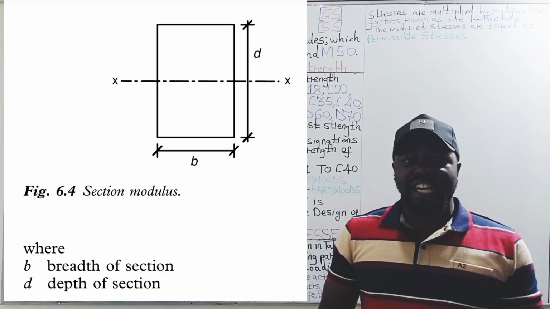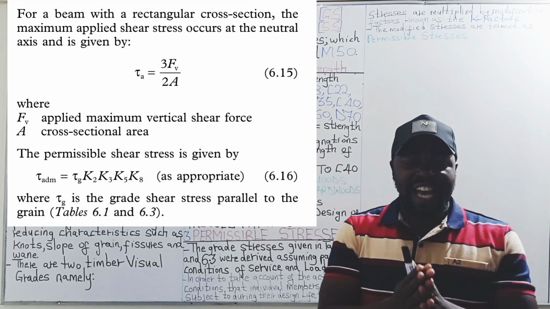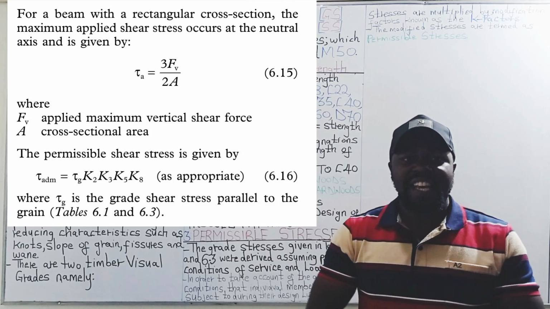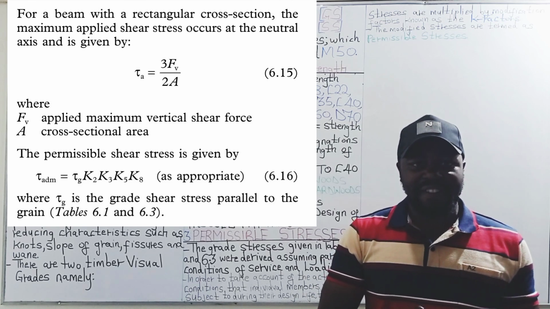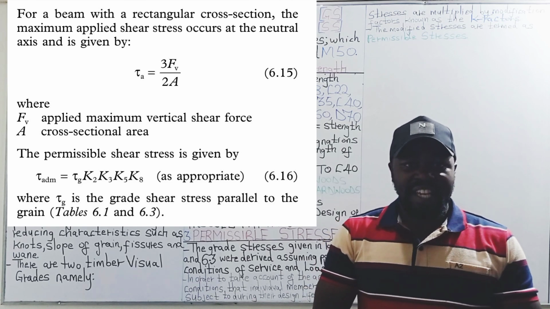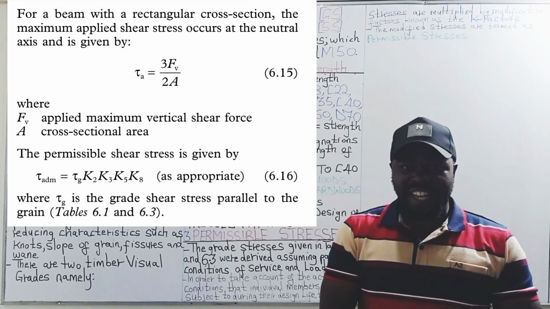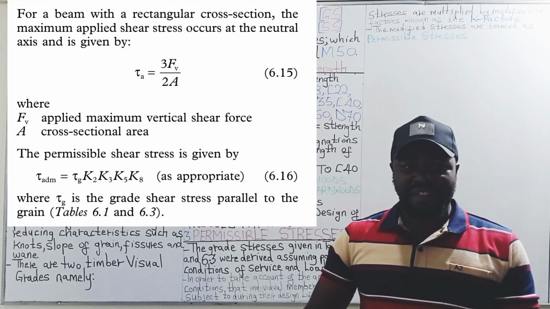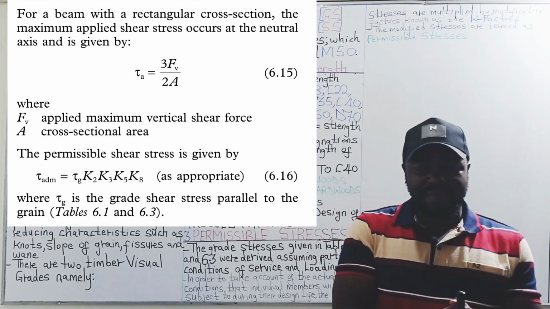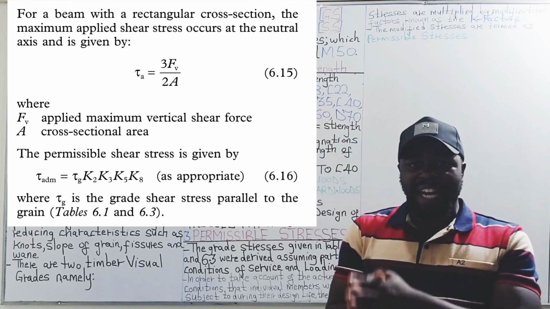For a beam with a rectangular cross-section, the maximum applied shear stress occurs at the neutral axis, and it is given by 3FV divided by 2A, where FV is the applied maximum vertical shear force and A is the cross-sectional area. And the permissible shear stress is given by grade stress multiplied by appropriate K factor.